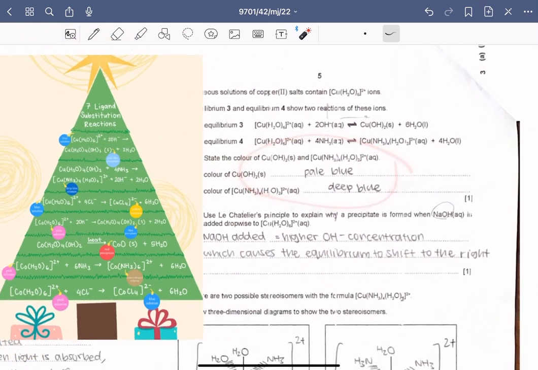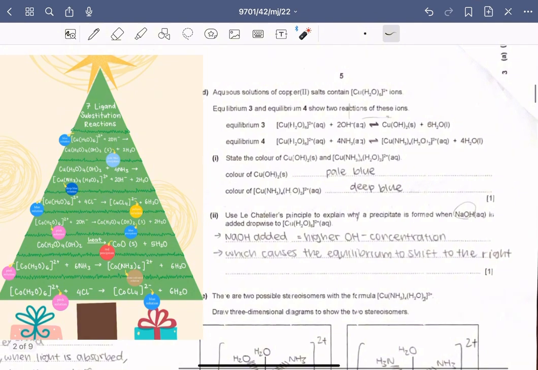We're going to see that Cu(OH)2 has a pale blue color. [Cu(NH3)4(H2O)2]2+ is deep blue, and they could have a precipitate texture or just an aqueous solution. For example, this (s) is a precipitate, and this is a deep blue solution.